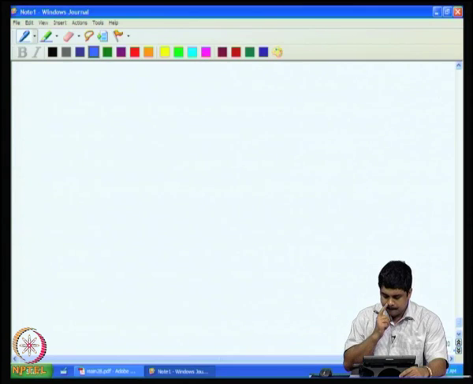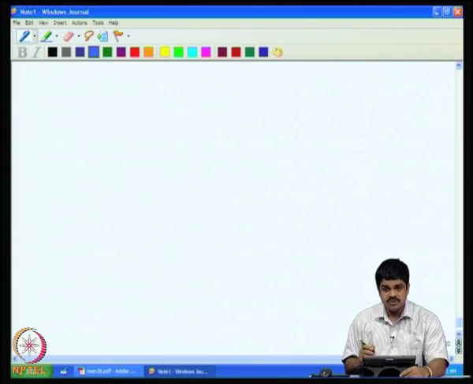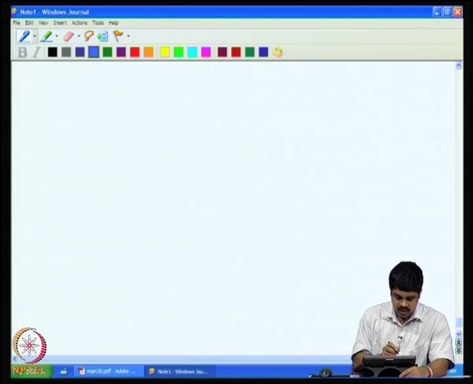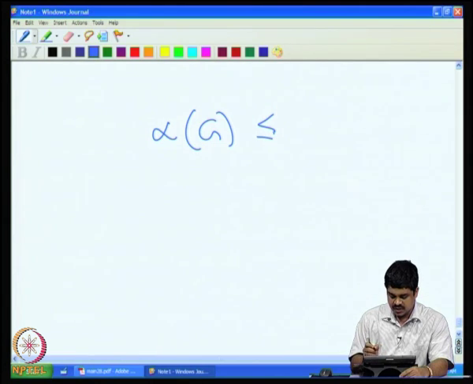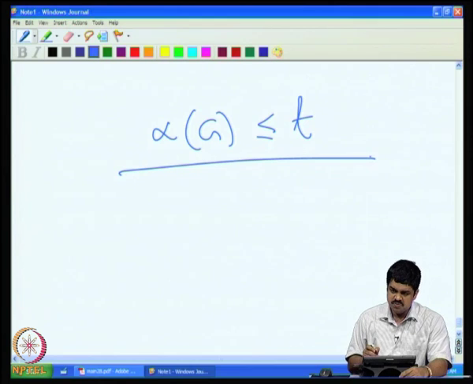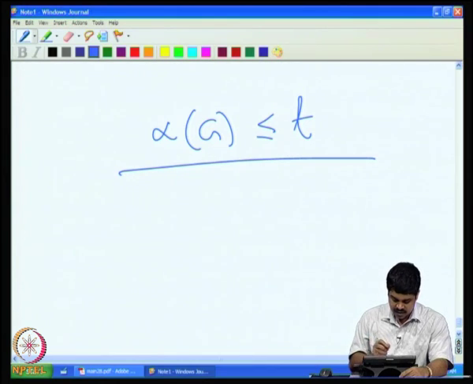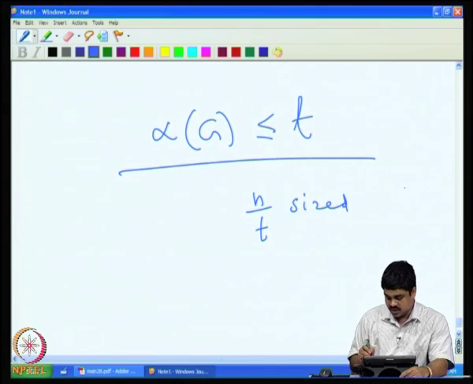But interestingly, suppose you assume that the largest independent set size, alpha of G, is less than or equal to some number, say t. Then we can show that there has to be a large cycle in the graph, like an n by t sized cycle. How do you show that?